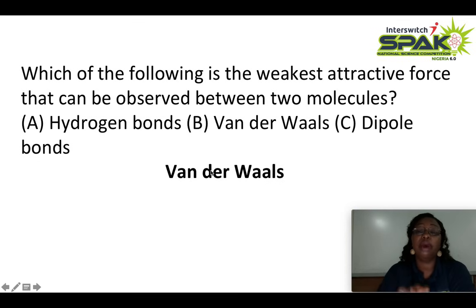The three of them are weak attractive forces, but the weakest is van der Waals, while the strongest is hydrogen bonds. And they are all bonds or forces under covalent bonds. Hydrogen bonds, van der Waals force, dipole-dipole bonds.